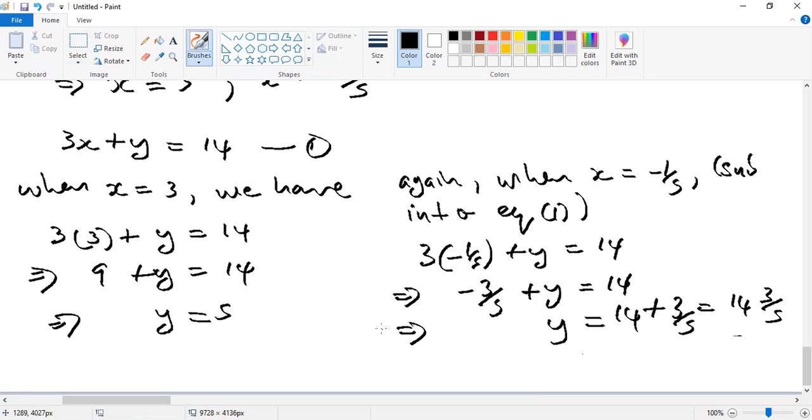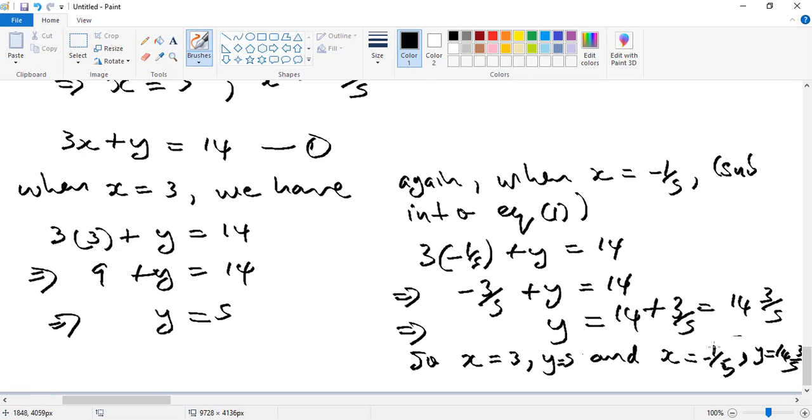All right. So what can we say now? Let me try and find some space. Use the bottom. So we have x equal 3, y equal 5, and x equal minus 1/5, and y equal 14 and 3/5.